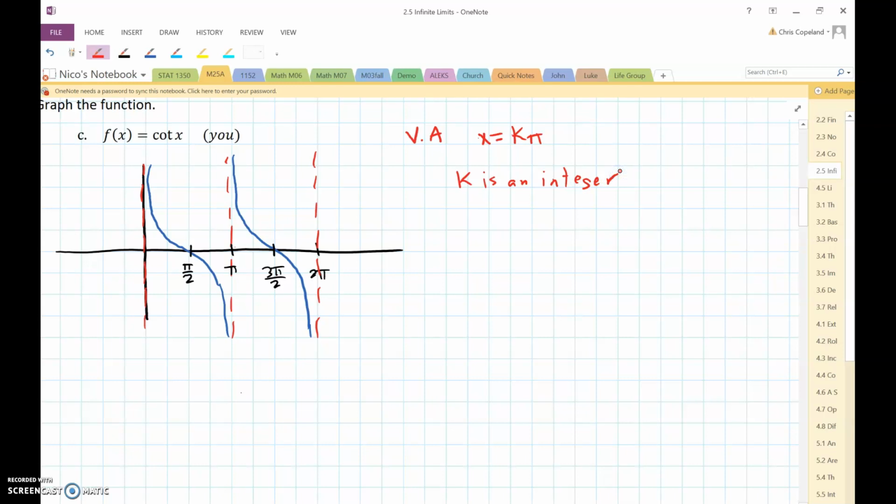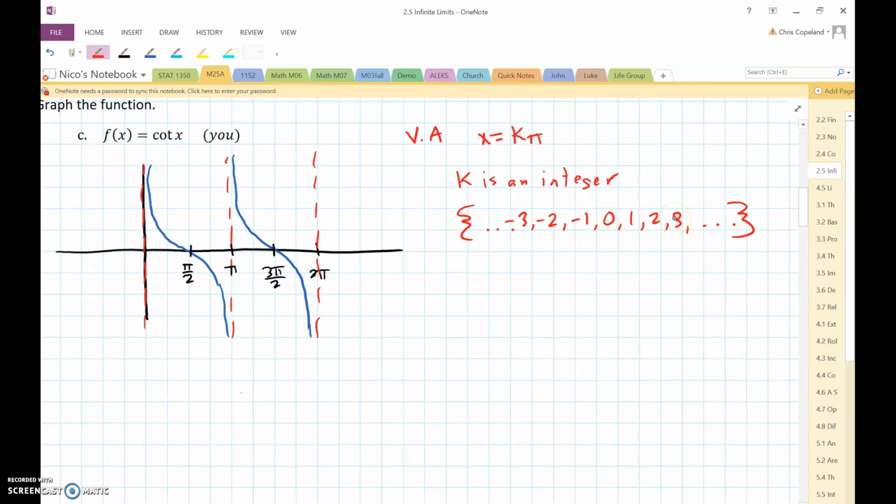If you forget what an integer is, here is the set of integers. They're all positive whole numbers, all negative whole numbers, and the neutral number here, zero.